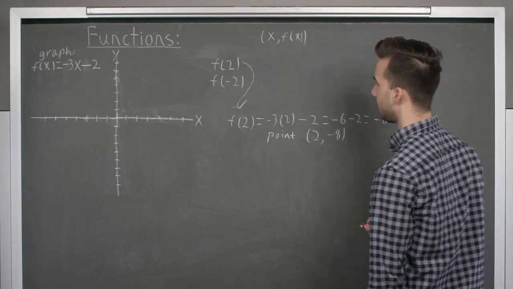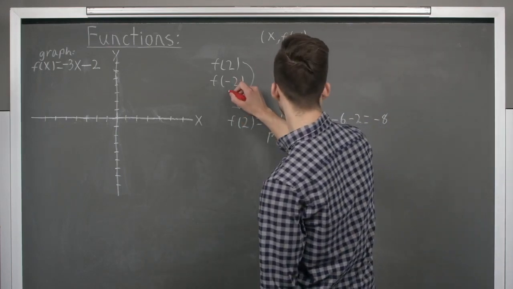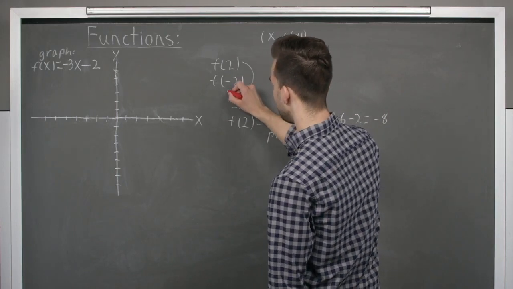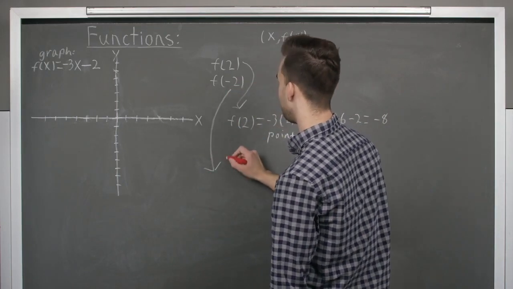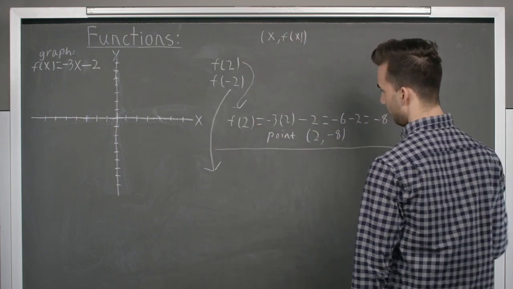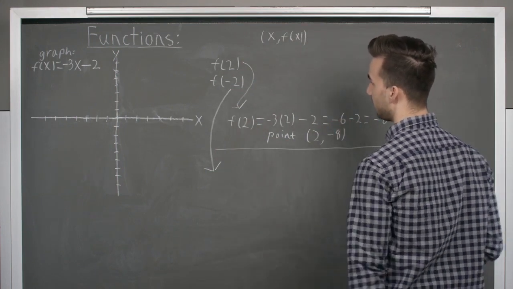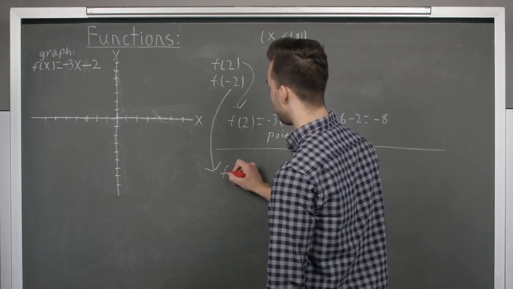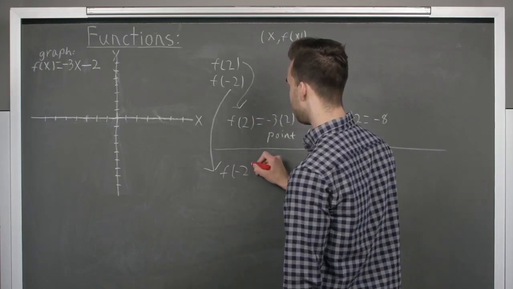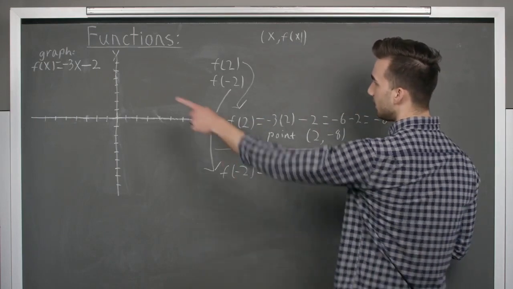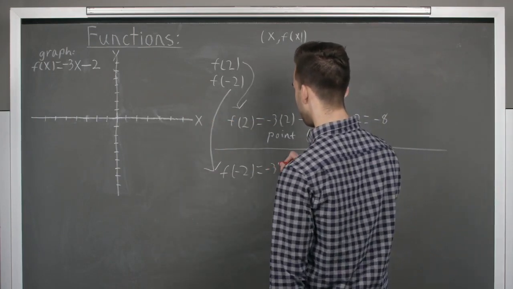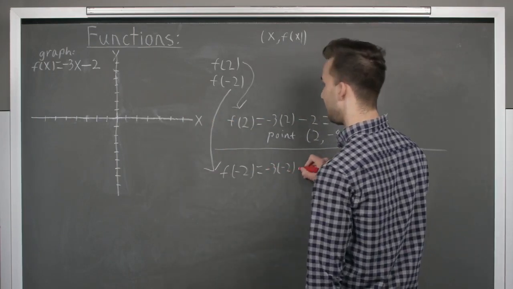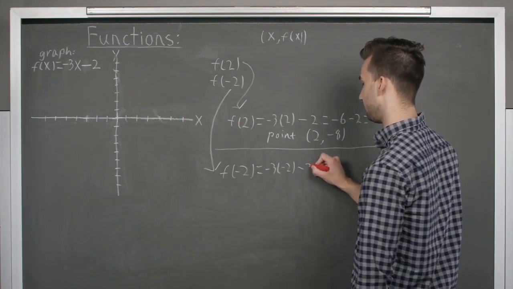Okay, so now let's do this down here, and I'm just going to draw a line here to keep everything clean so we can understand what's going on. f of -2 is equal to -3 times -2, and then -2 again.